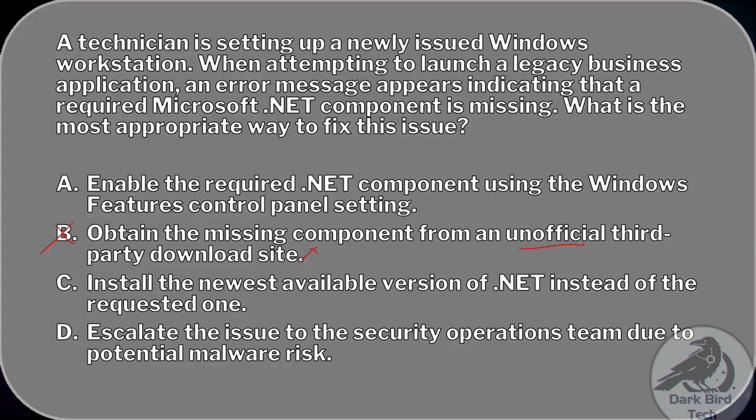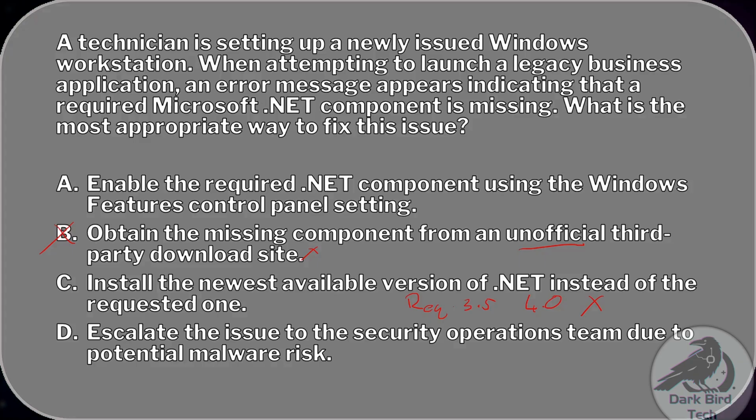Option C, install the newest available version of .NET instead of the requested one. You see, the thing about the .NET framework is if an application requires 3.5, installing 4.0 won't help. So yes, technically you are installing a .NET framework, but it's got to be the correct version for the business application.